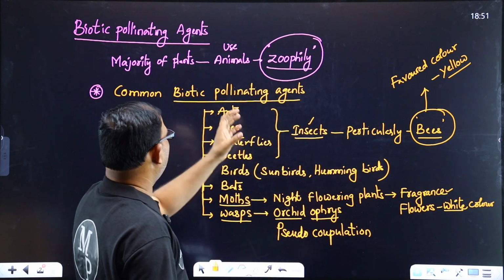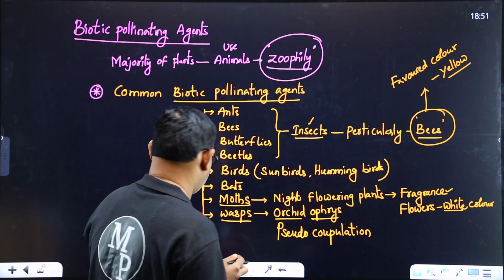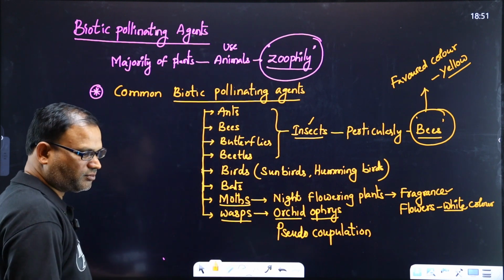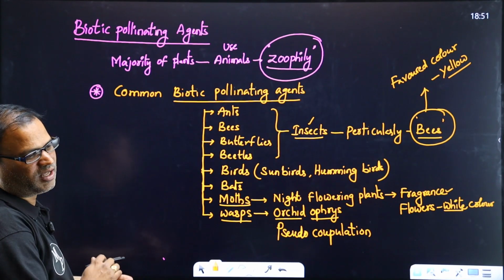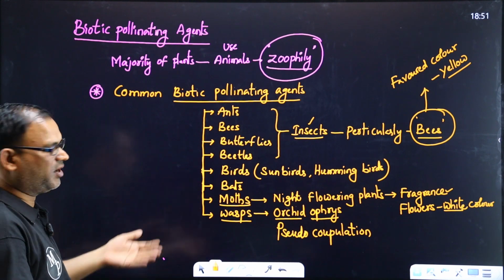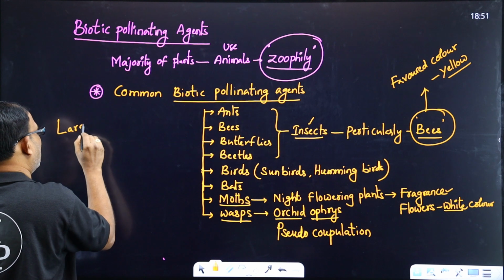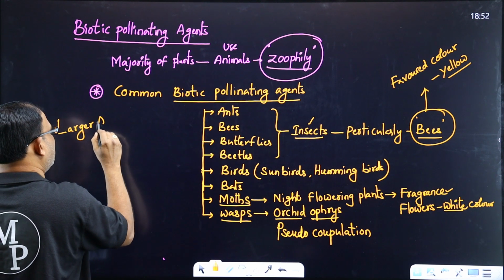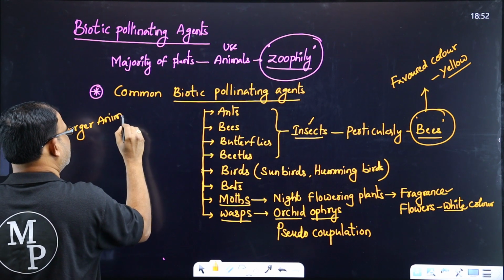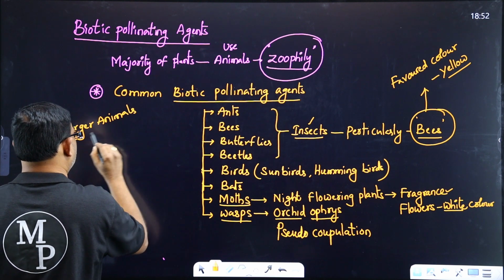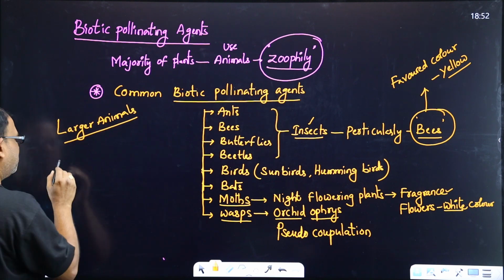These are the common biotic pollinating agents. And also some larger animals can pollinate the flowers. What are the larger animals now?